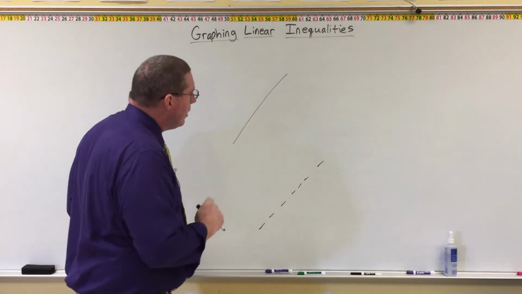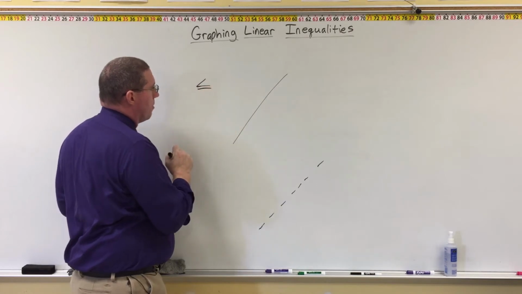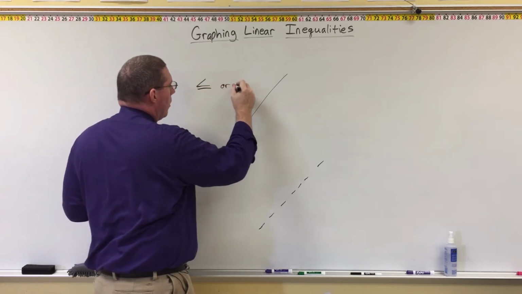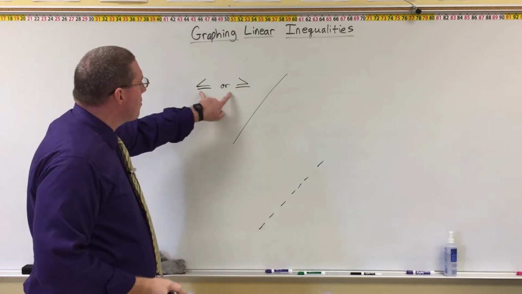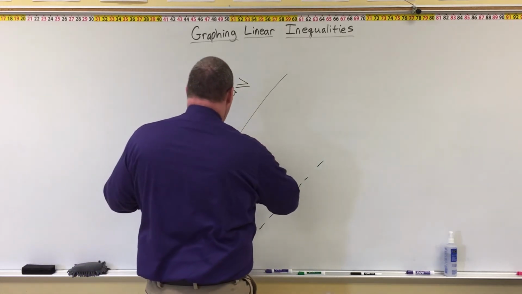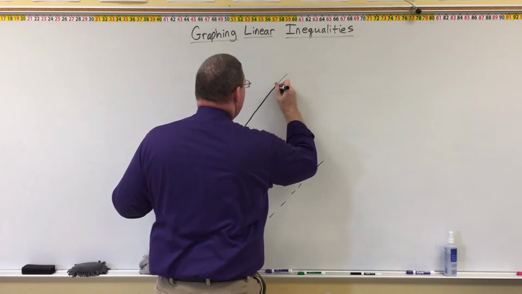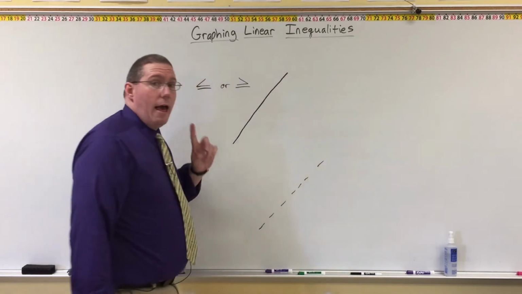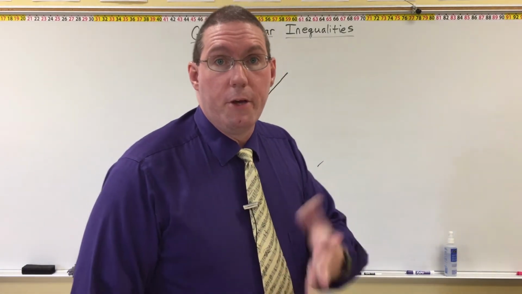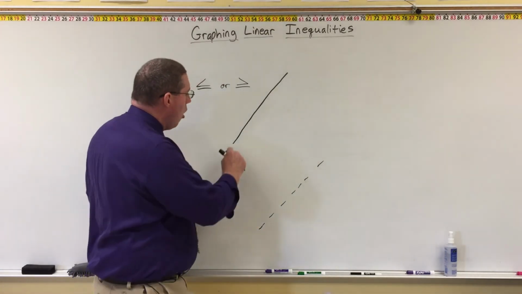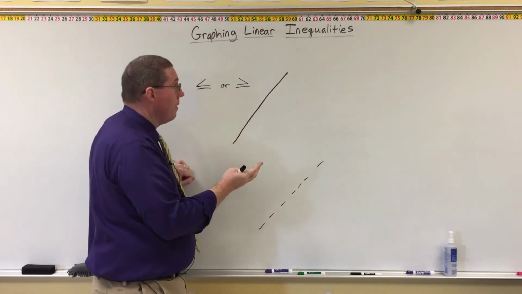If your linear inequality has a less than or equal to symbol, or a greater than or equal to symbol, if it has the or equal to, the line that you draw is going to be a solid line. Okay? And that is the same thing as a closed circle. Because what you basically have is all the way up the line a whole bunch of closed circles.